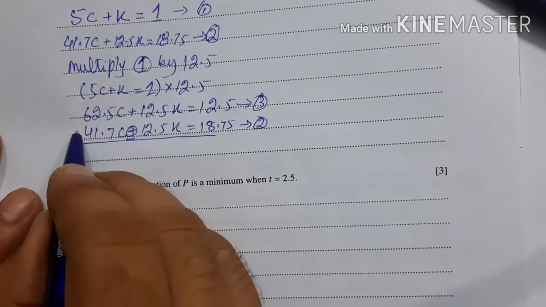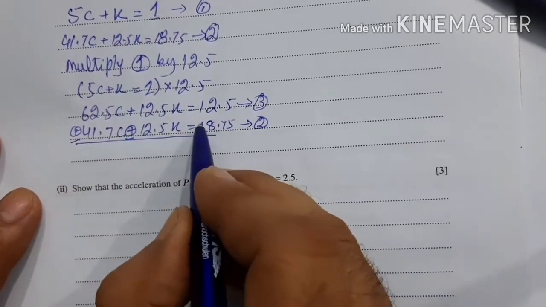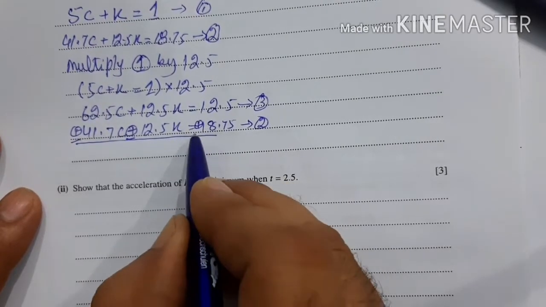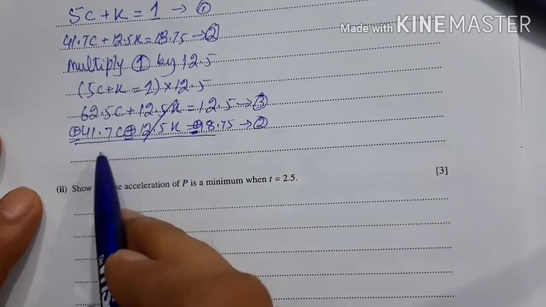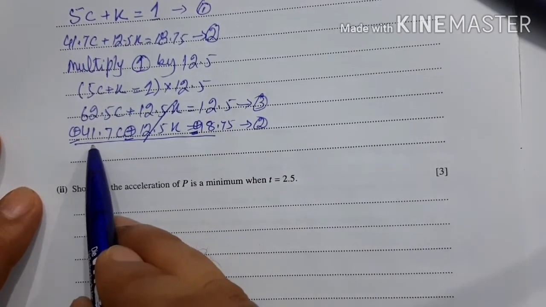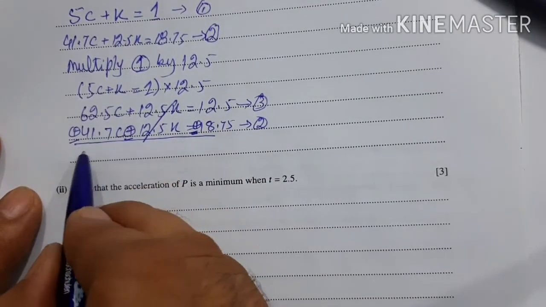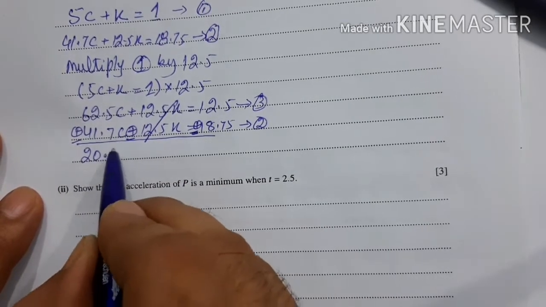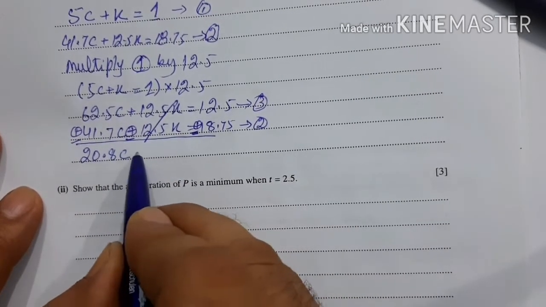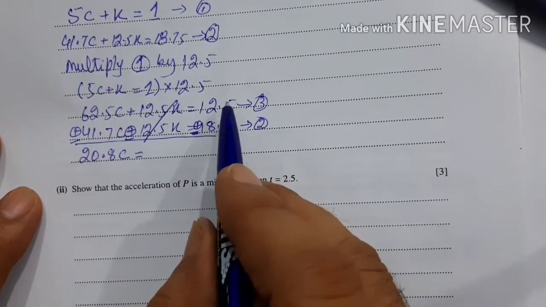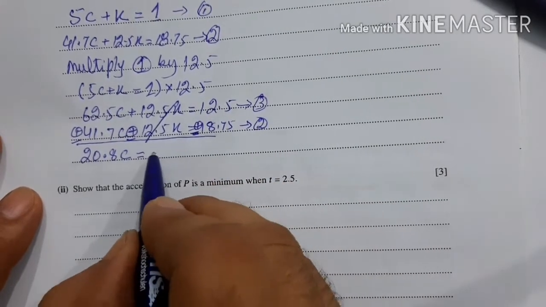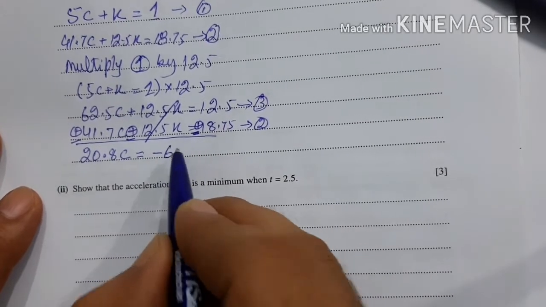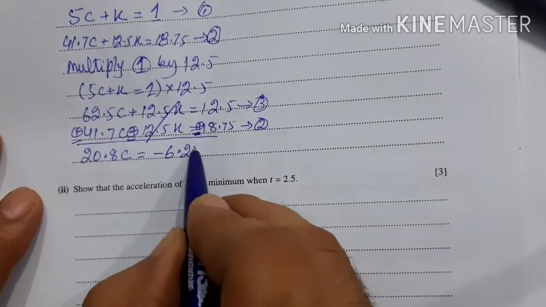Sign change. So this will be cancelled. 62.5 minus 41.7 is actually 20.8c is equal to 12.5 minus 18.75. This is minus 6.25.